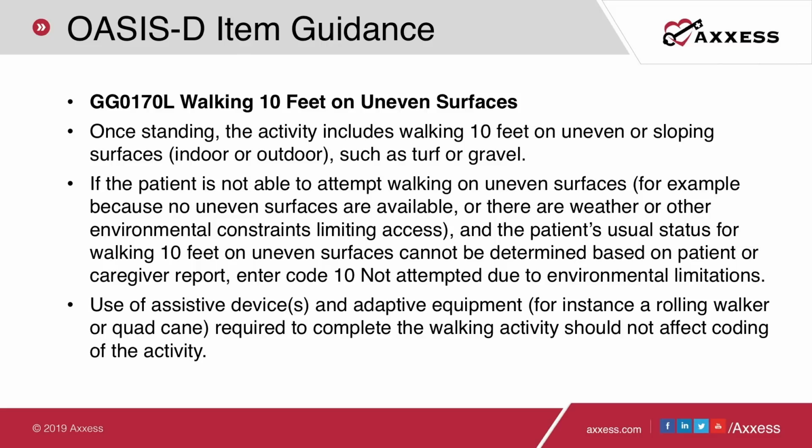If the patient's not able to attempt walking on uneven surfaces, for example, there is no uneven surfaces available, or there are weather or other environmental constraints that limit access, and the patient's usual status for walking 10 feet on uneven surfaces cannot be determined based on patient or caregiver report, then you would put a number 10, not attempted due to environmental limitations. The use of assistive devices and adaptive equipment, for example, a rolling walker or quad cane, required to complete the walking activity should not affect coding of the activity.